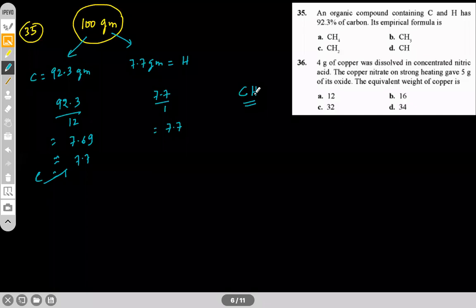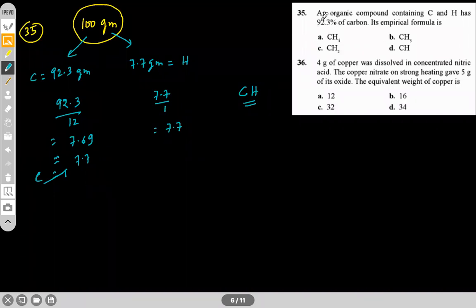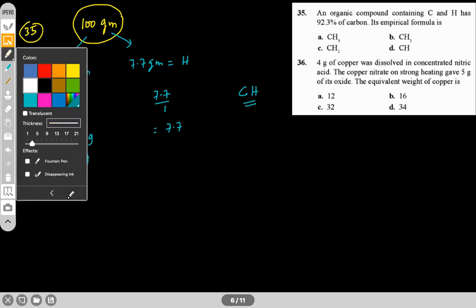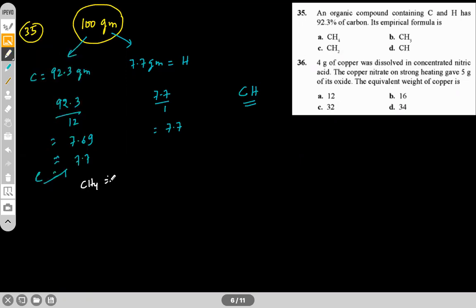You can also do this by another method. Since the percentage mass of carbon is given, you can find the percentage mass of carbon in each compound. If it comes out to be this value, that is the answer. For example, if you take CH4, its percentage mass of carbon is 12 by 16 into 100, so 300 by 4, which is around 75%, which is not in the option.